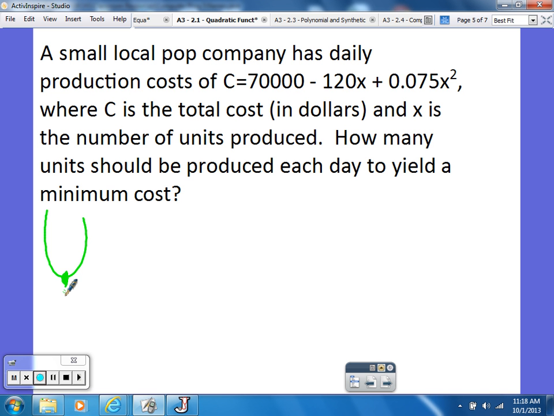Which part's the unit? Is the unit the X or the C? So, do I need to find the entire vertex? What do I need to find? Well, the X part.